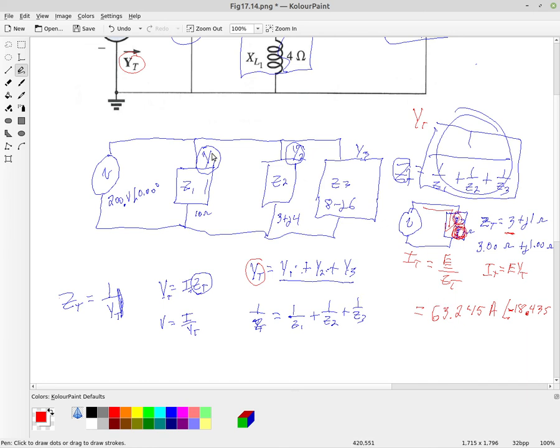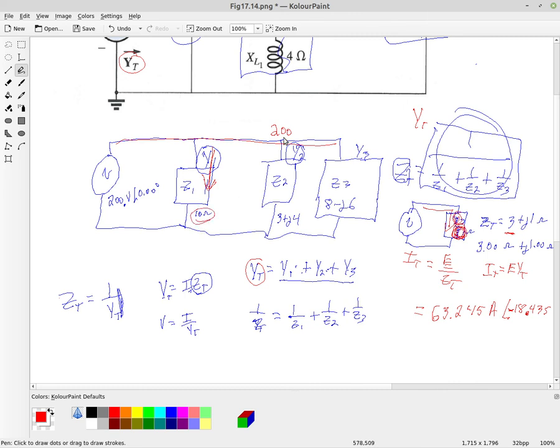All right, so if we wanted to find the current for just one of these, now, this is parallel. So all of this is 200 volts. This whole node up here is all 200 volts. So if you wanted to find the current I1, you simply divide it by the impedance Z1.